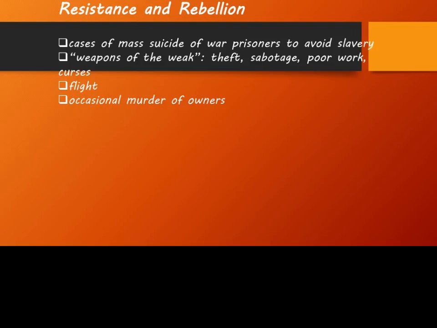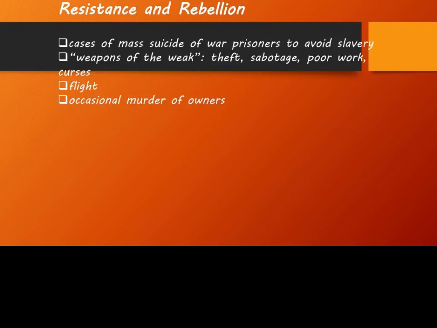Alright, let's talk about resistance and rebellion. There were cases of mass suicide of war prisoners just to avoid slavery. There were what were referred to as weapons of the weak: theft, sabotage, performing poor work, or putting curses on their masters.